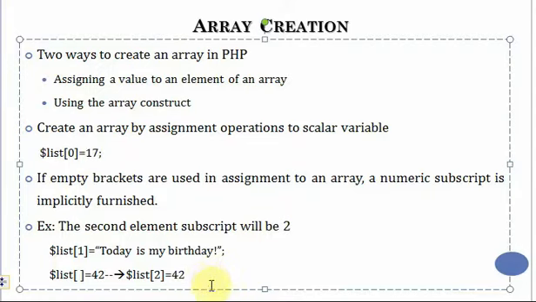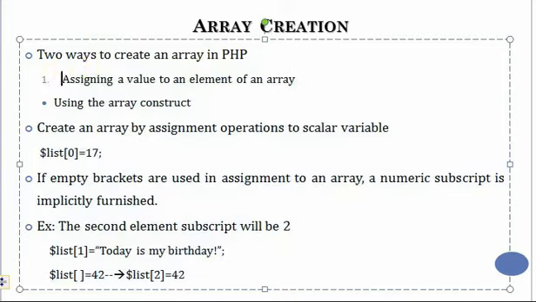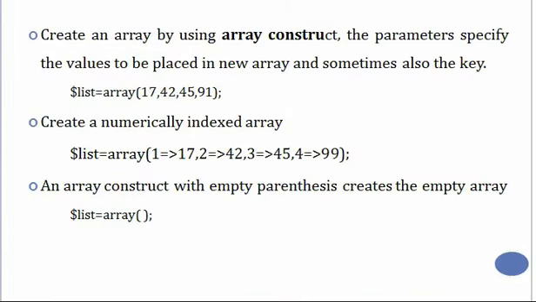But here, by looking at this example, you can say the elements of an array do not need to have the same data type. So this is what you have to write for array creation by using assignment operation. This is the first way an array can be created. Now we'll go to the next way an array can be created, by using the array construct. We'll see it in the next slide.